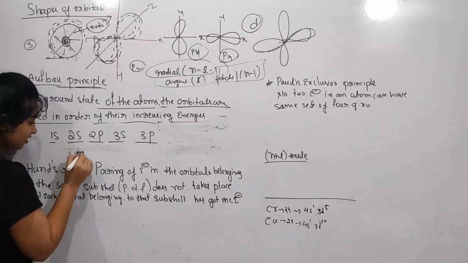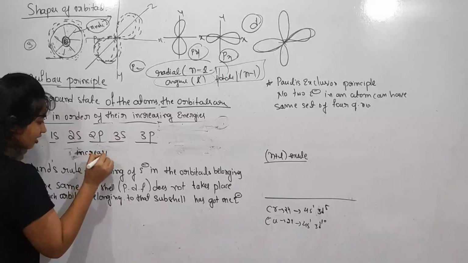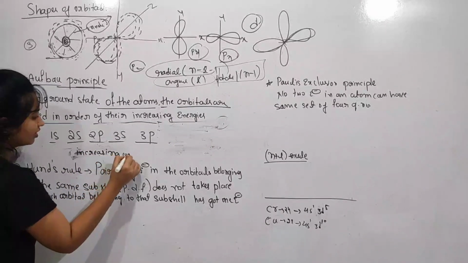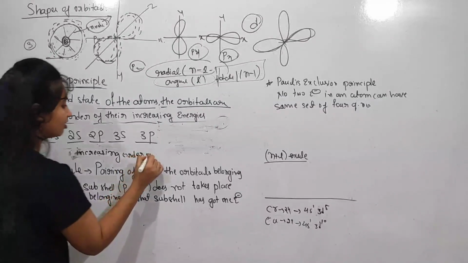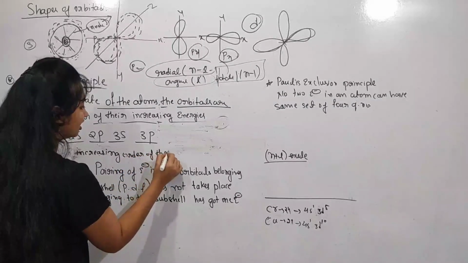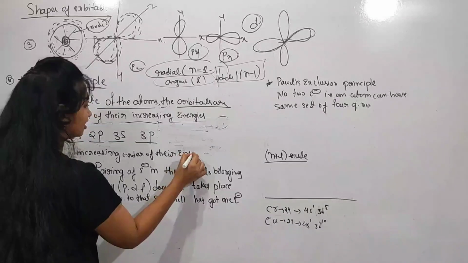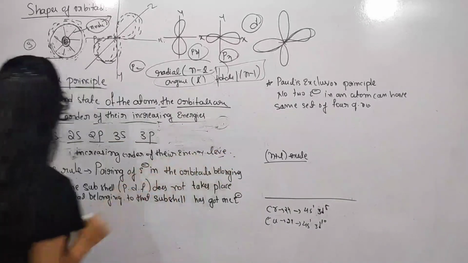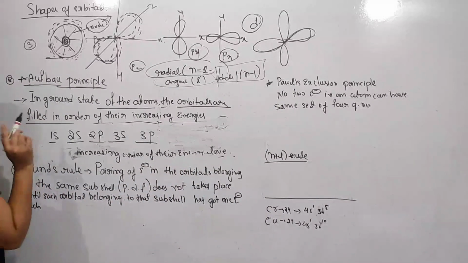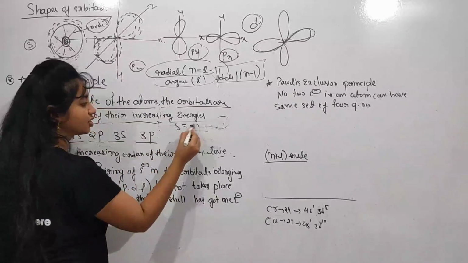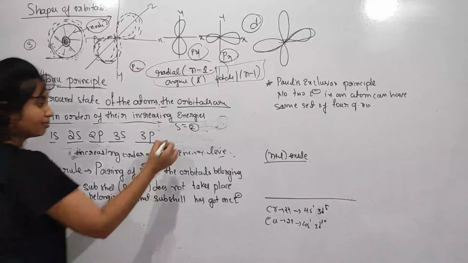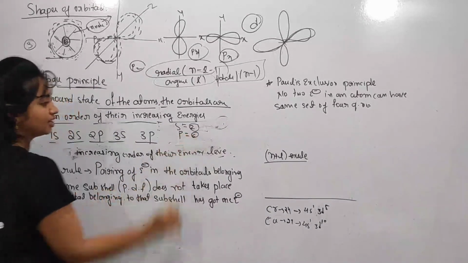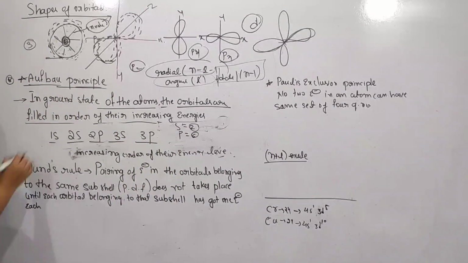I write here: increasing order of energy level. We fill a maximum of 2 electrons in an s orbital and a maximum of 6 electrons in a p orbital. See here, I have 3 electrons.